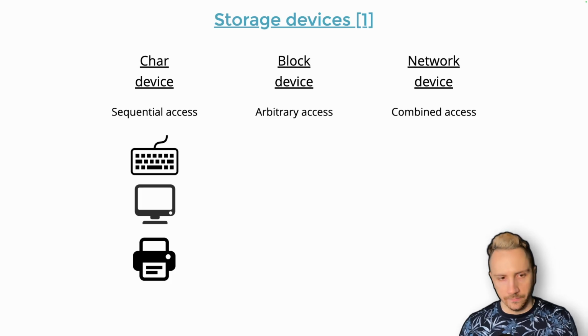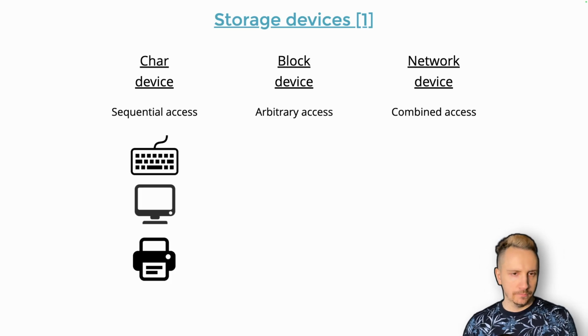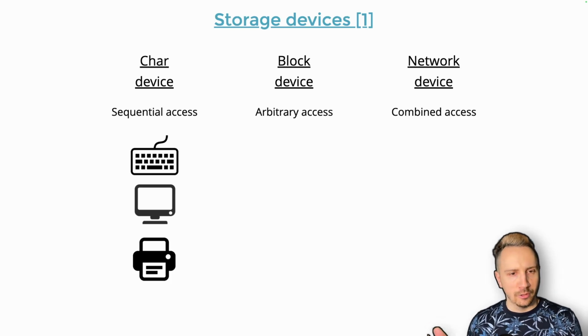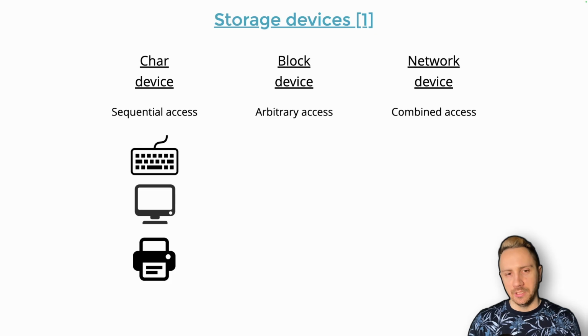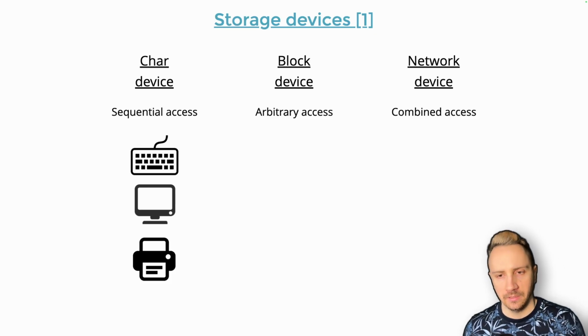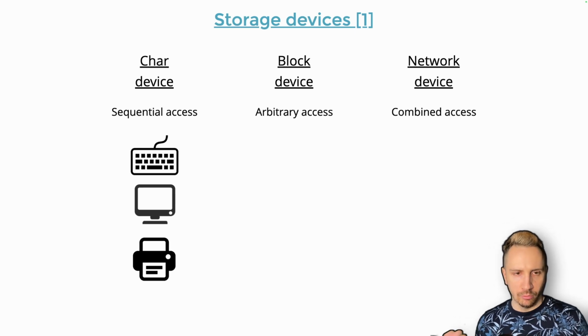Like when you press something on a keyboard, you produce chars, they get delivered to the kernel, literally individual chars. And you can type new chars, but you cannot untype them, or the kernel cannot look at what you typed 10 minutes ago and go back to that in time to read it, unless it was saved somewhere in user space, but on device level it's not supported. So the keyboard is actually a sequential device, a char device.